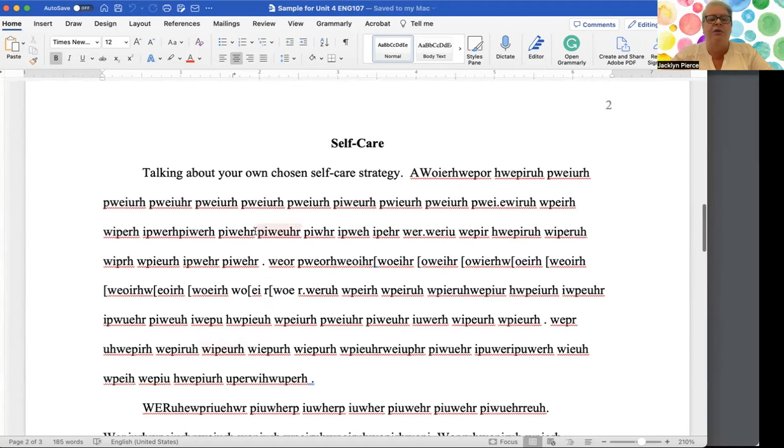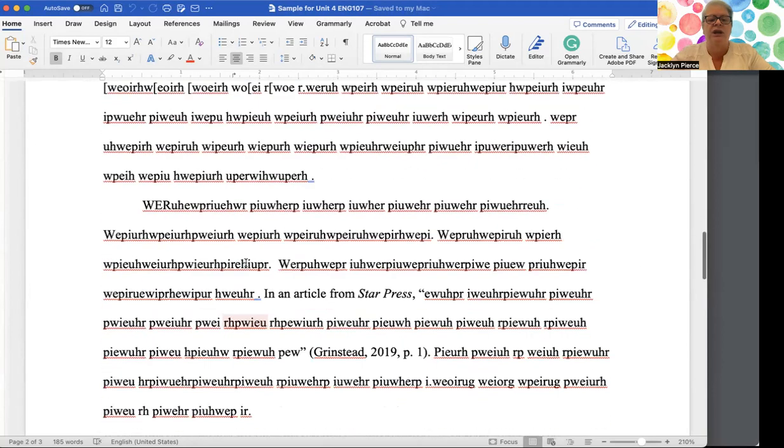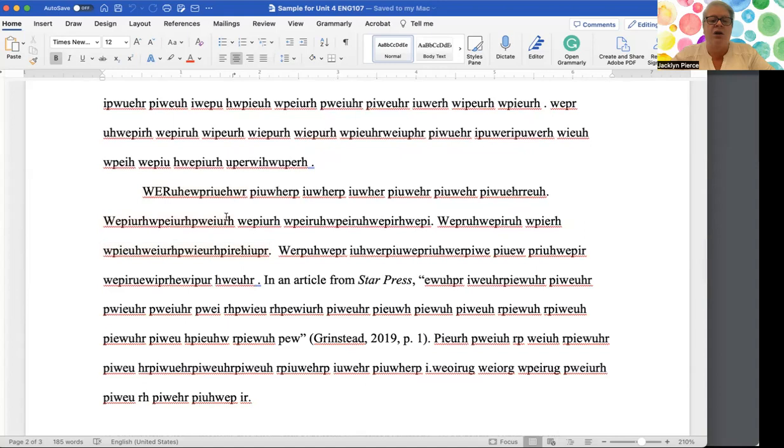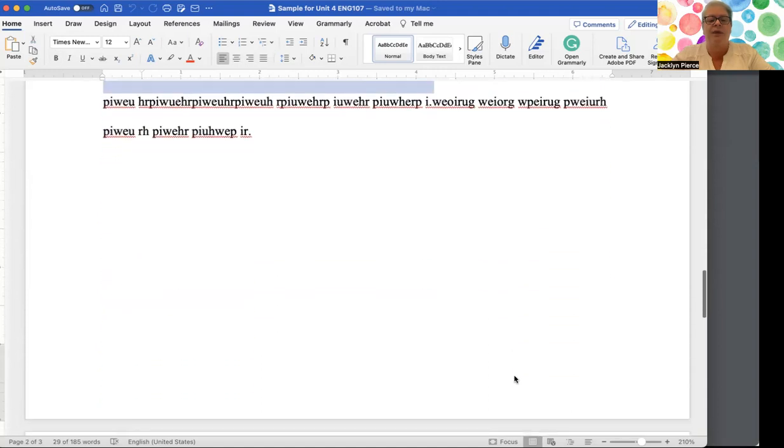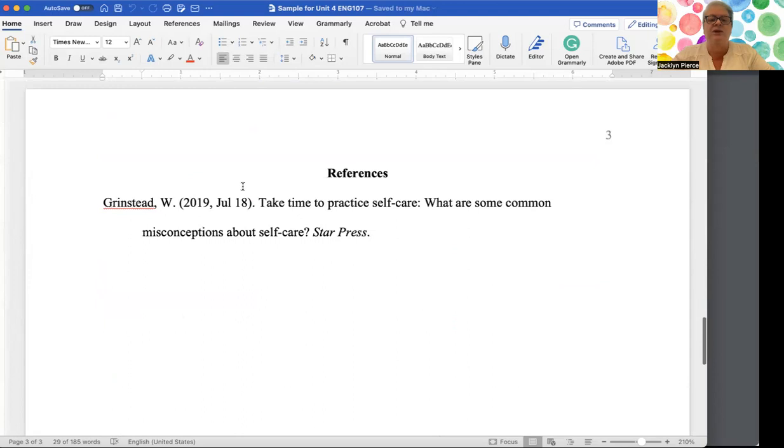Then we have one paragraph about our own chosen self-care strategy. And then we have a paragraph that has, right in the middle, a direct quotation that is cited. Then we have a follow-up, and then we have the references page. This is what I was talking about earlier with the hanging indent.